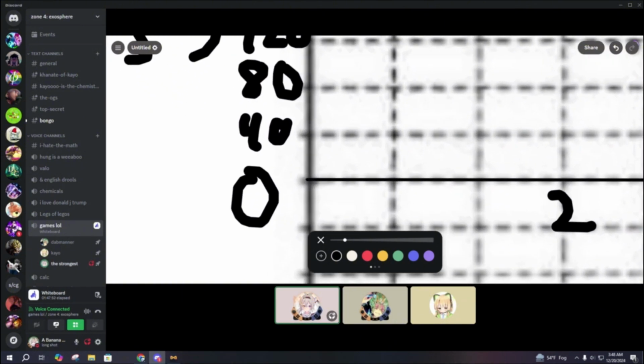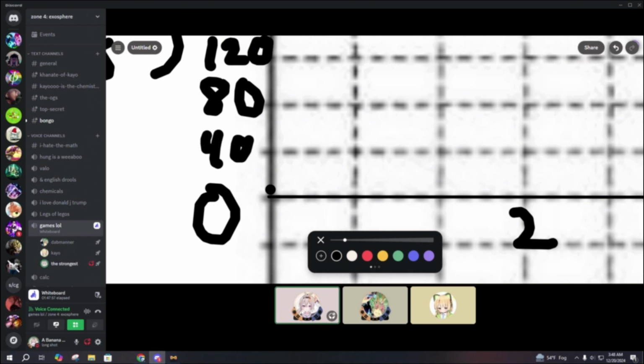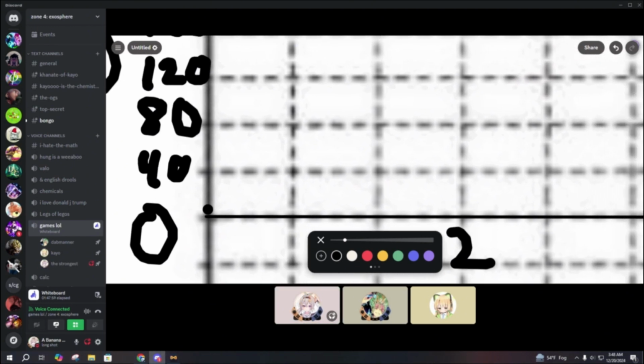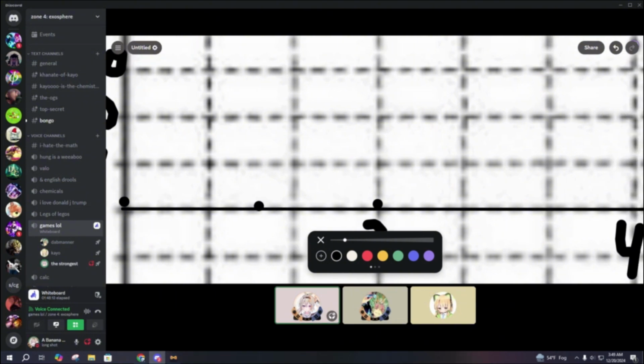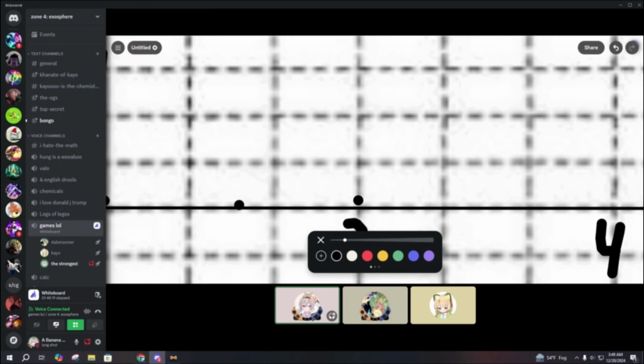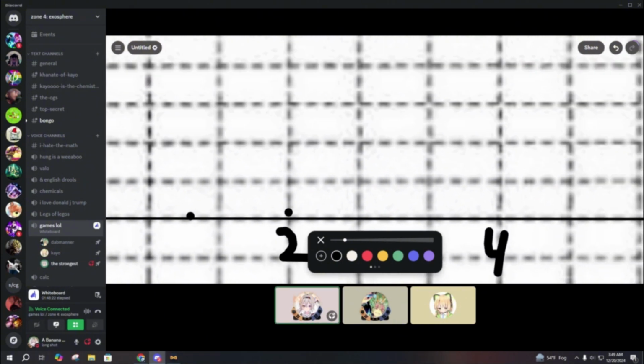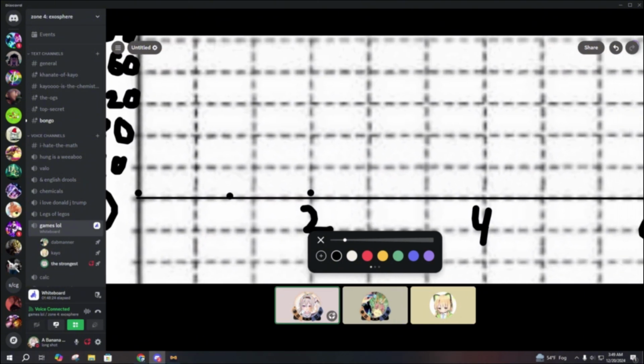At x is 0, y is 4, so put a dot there. And x is 1, y is actually a little bit smaller, around 2.6. And x is 2, y is back to where it was, 4.76 this time actually, so it's a little higher than before. X equals 3, now it's around 13, so make it a little bit higher.